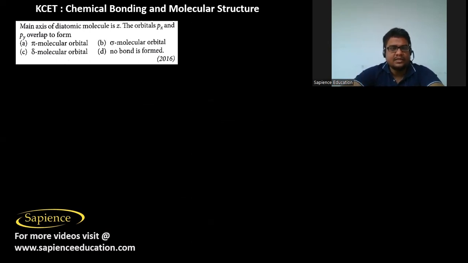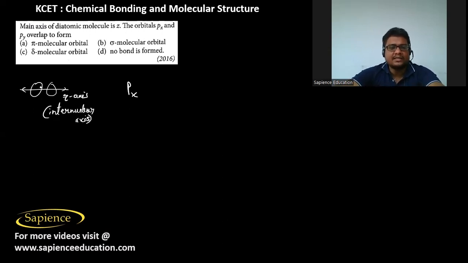Then here it is told the main axis of a diatomic molecule is Z. The orbitals px and py overlap to form. So as we know, the main axis of a diatomic molecule, this z axis is also called the internuclear axis.